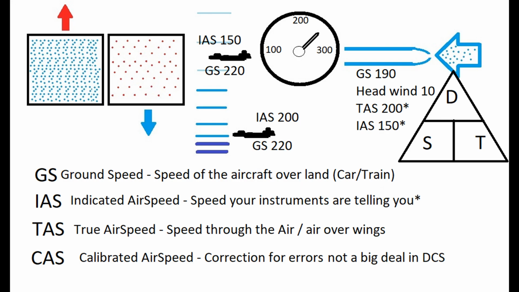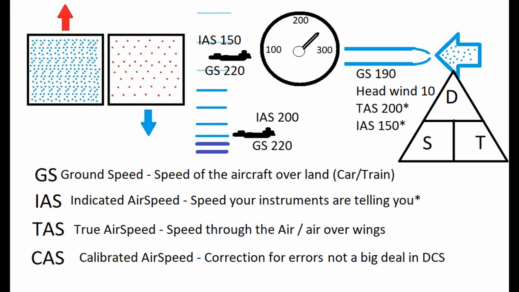But it is a calibrated airspeed using mathematics with the outputs from your other instruments to work out how fast you're going. I've said there it's not a big deal in DCS, but the end result is a big deal. It's up to you whether you want to work out how to do those calculations and work out your ground speed as a calculated airspeed.